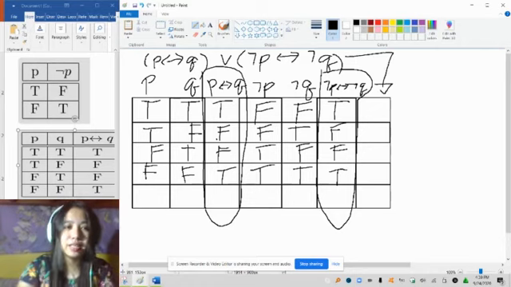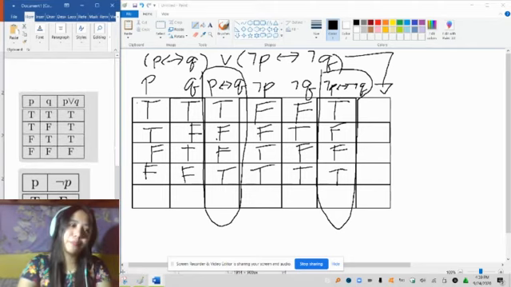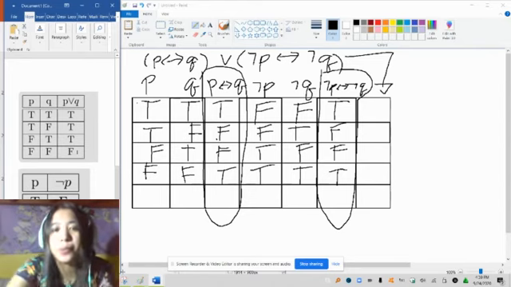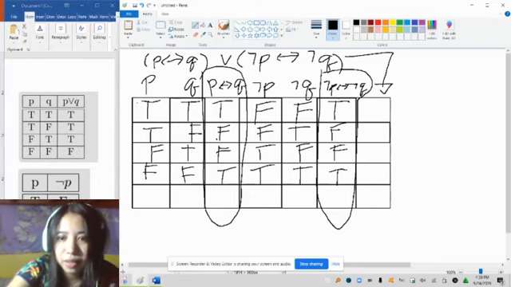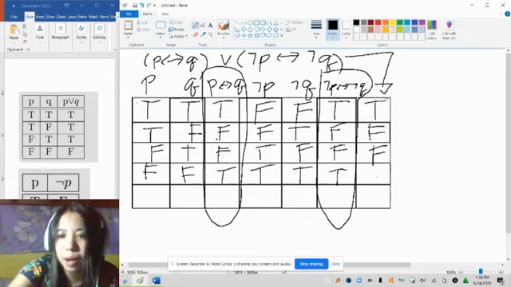If it is or, let us go back to that rule. This one. If both statements are false, that's the time that it is false. So we will just look at that value. It is false and false, that's the time that it is false. So this is false and all others will become true.